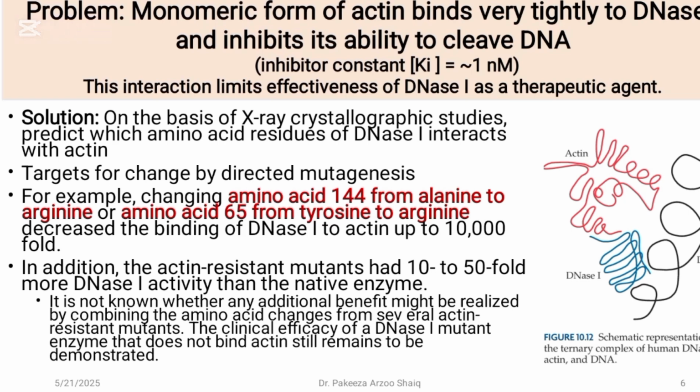The clinical efficacy of the DNase 1 mutant enzyme that does not bind to actin still remains to be demonstrated. All of this work which I have told you about is on the bench top, or we can say these are lab-based results. So its efficacy still needs to be determined in clinical setups. So with this, I am winding up my talk here.